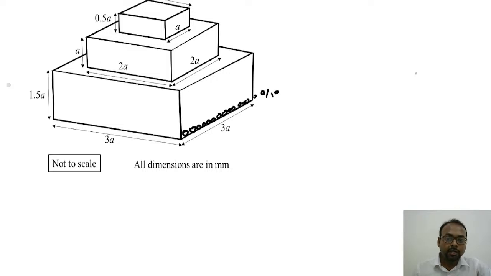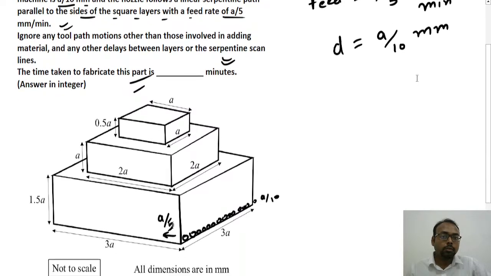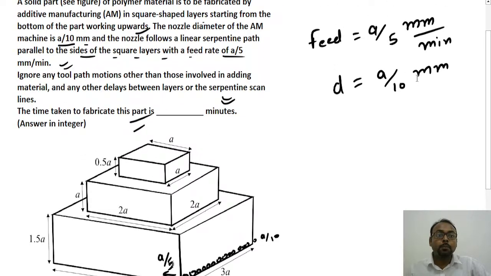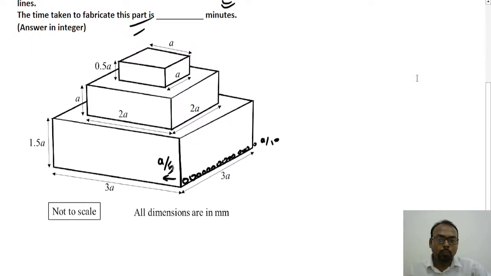Now in this direction, feeding will be there. And how is the feeding done? This is done by A by 5, right? So feeding is done by A by 5 per minute. Now when one layer has been deposited, the next layer will come, and this next layer will have a thickness of A by 10.